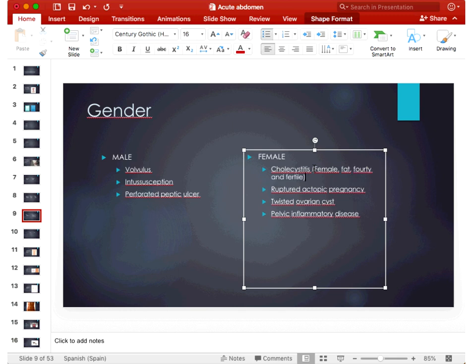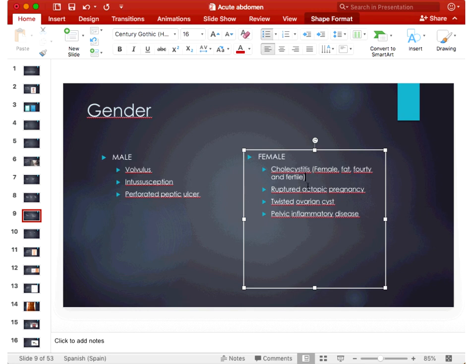So if you see a woman that is fat, that is around 30 to 40 years old, and has abdominal pain on the upper right quadrant, you can suspect it is cholecystitis.